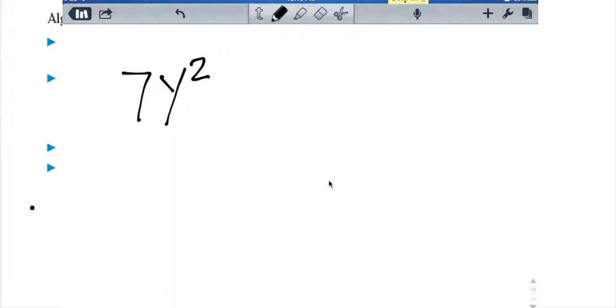The coefficient of 7y squared is simply 7, because that is the numerical part of the monomial. So this becomes your coefficient.